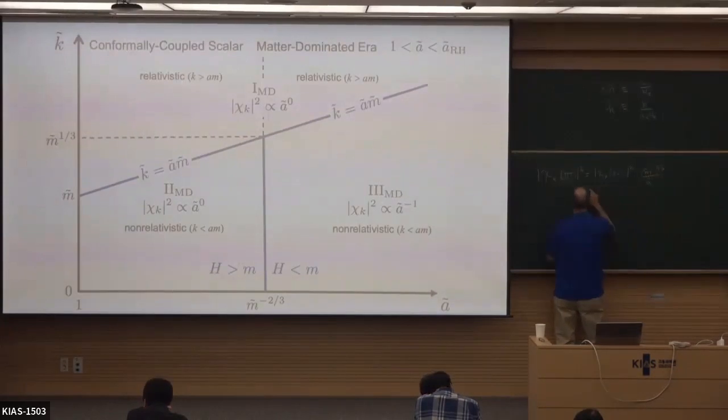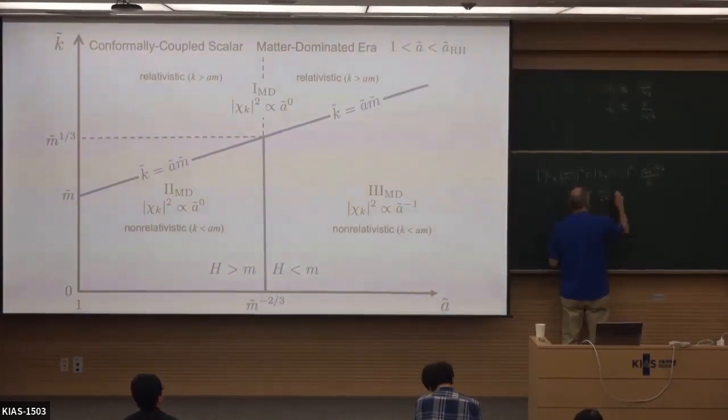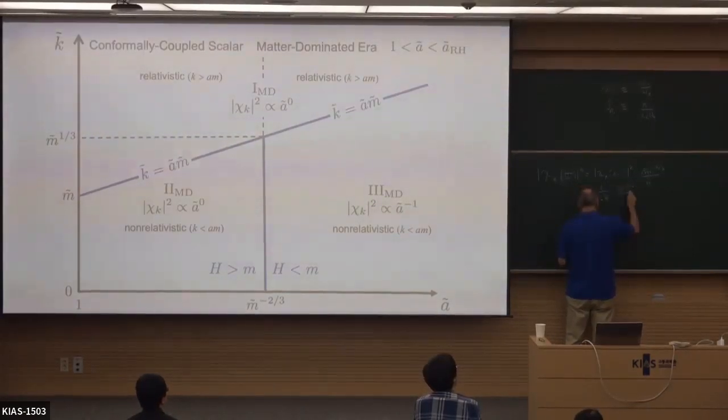So this is 1 over 2k for the conformally coupled theory, m tilde to the minus 2/3 over a tilde.